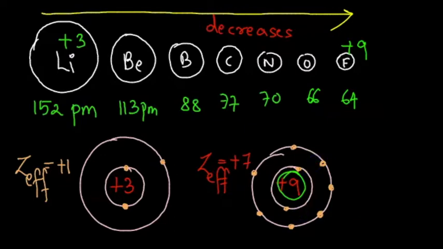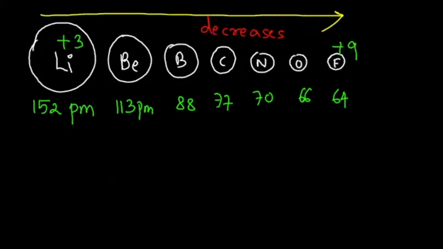As a result, the force that the nucleus exerts on an electron is a lot stronger. That's why it pulls the electrons closer towards the nucleus, thus making the size of the atom smaller. And so, as you go from left to right, the effective nuclear charge increases, there's less shielding, and so the atoms become smaller.